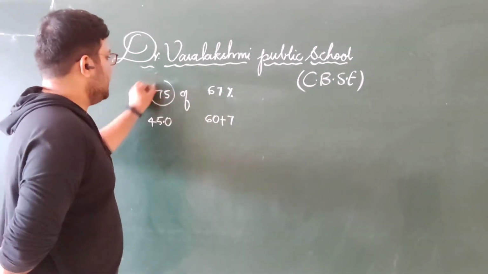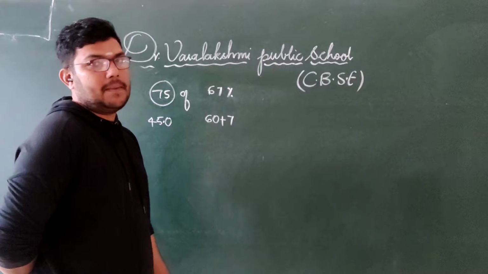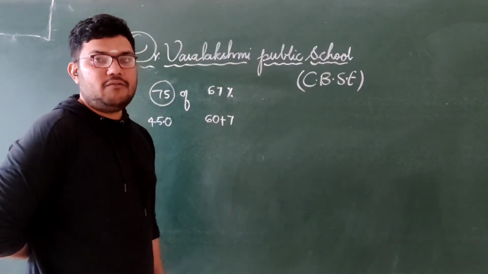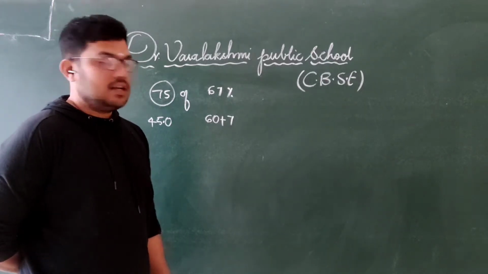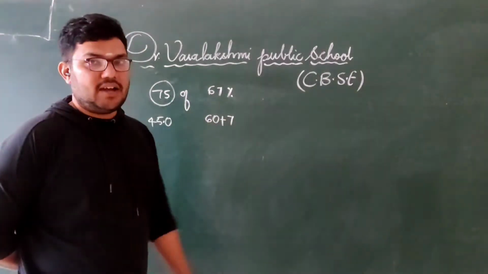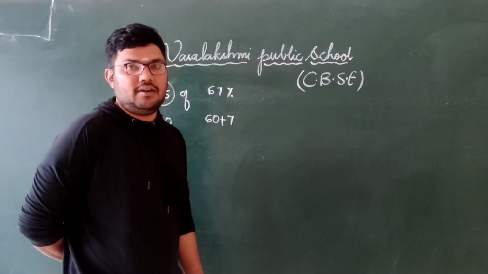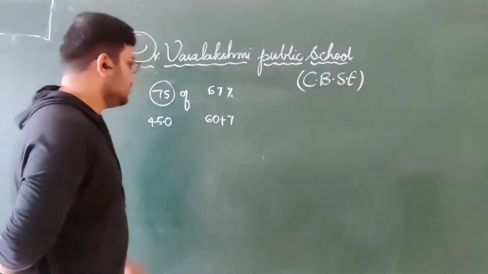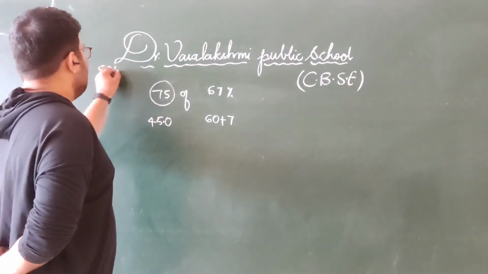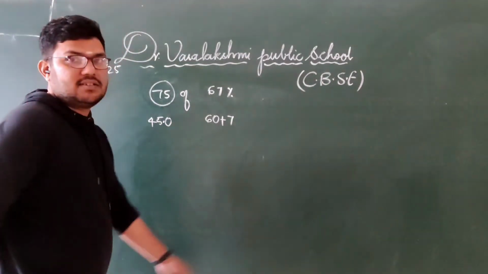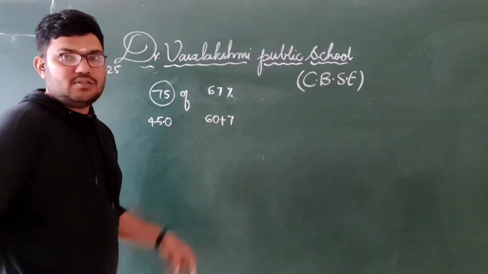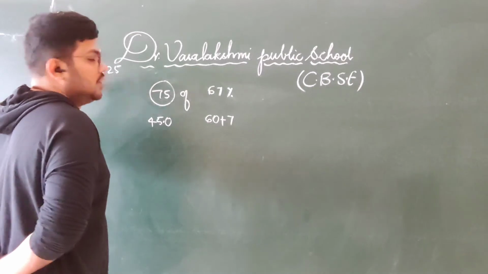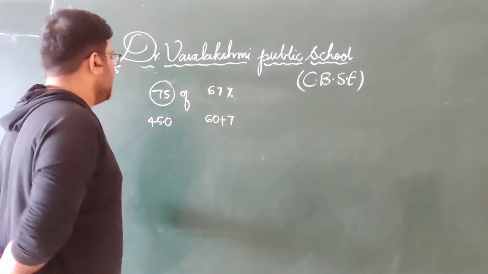You just multiply 75 with 7. 70 times 7 is 490 and 7 times 5 is 35. 490 and 35 gives 525. After that I will keep the dot after 2 digits, as it is 1%. 1 into 7, so for 1% I keep the dot after 2 digits, that is 5.25.